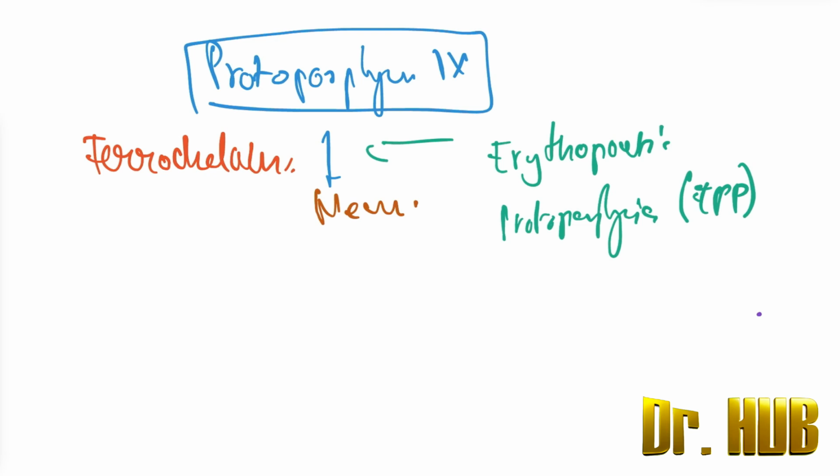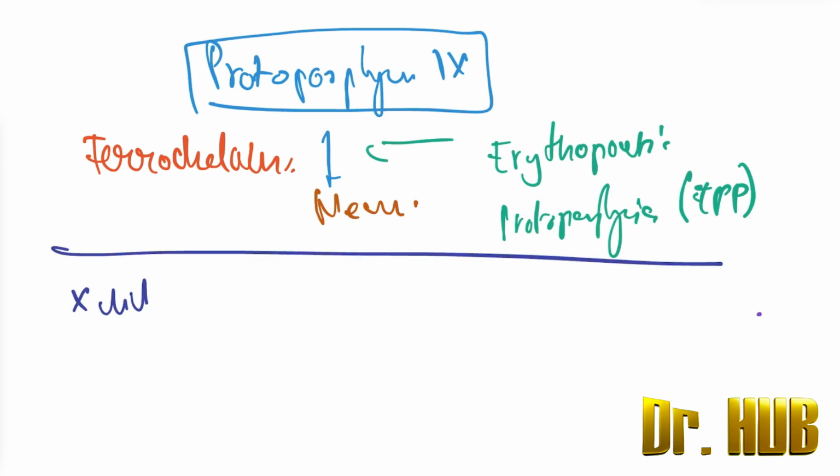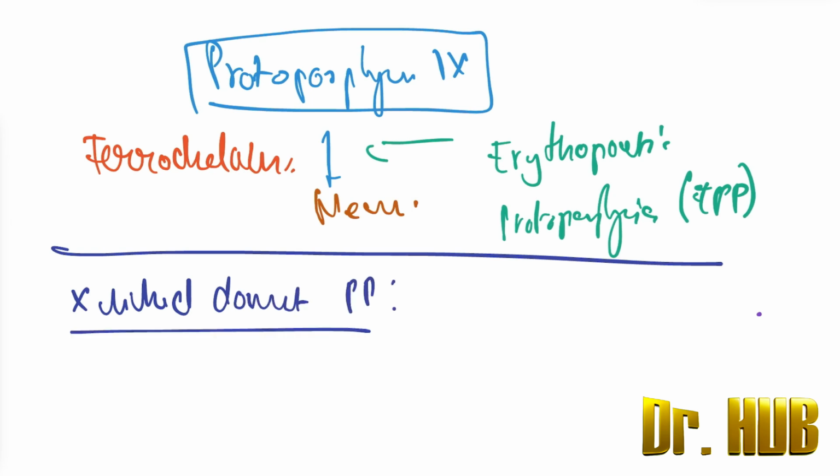Now, to make it simple, let's look at the porphyrias, just recapping what we did. In the X-linked dominant protoporphyria, the enzyme deficient will be aminolevulinic acid synthase 2.